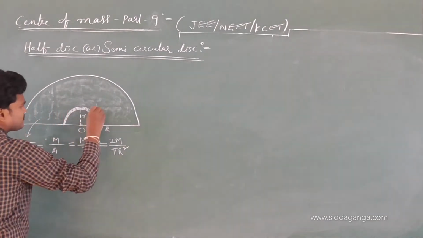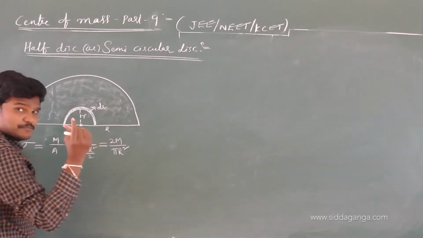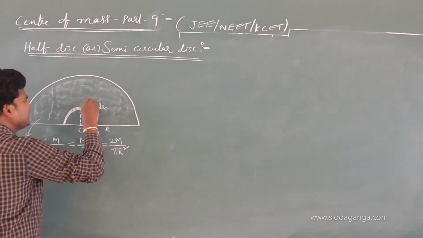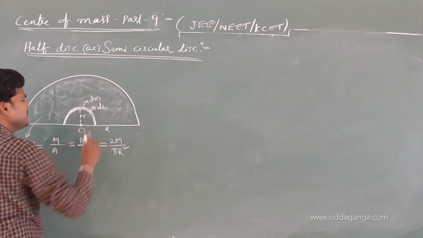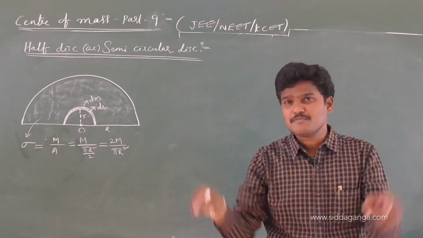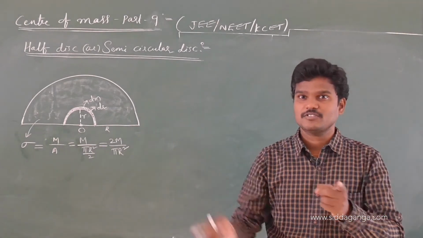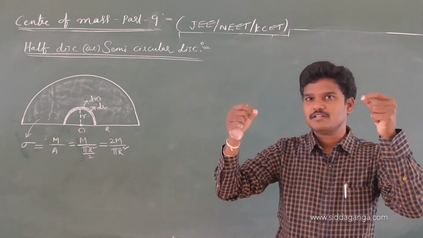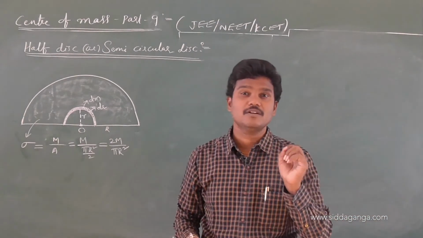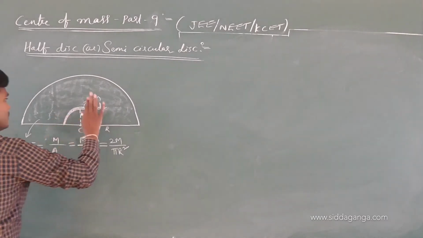And dr is the thickness of that piece. And dm is the mass of that small piece. That small piece looks like a semicircular wire, like the previous concept. So here I take r, dr, dm.